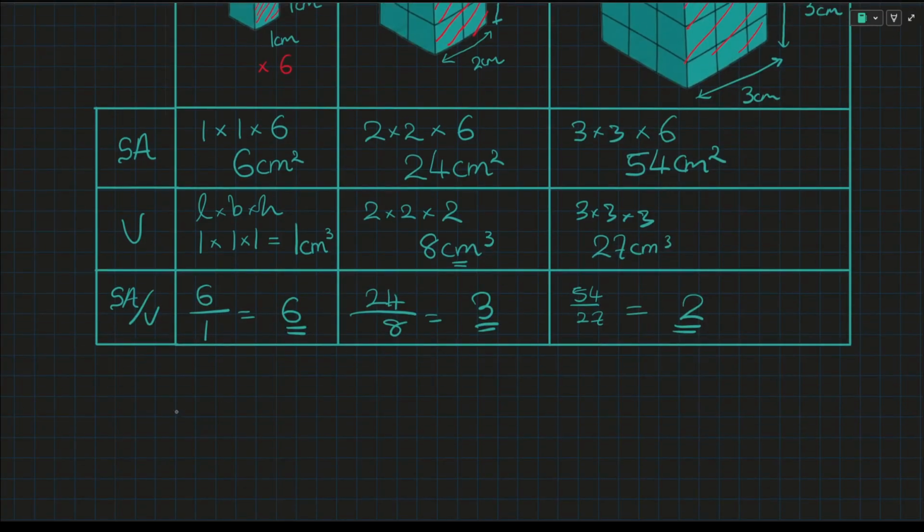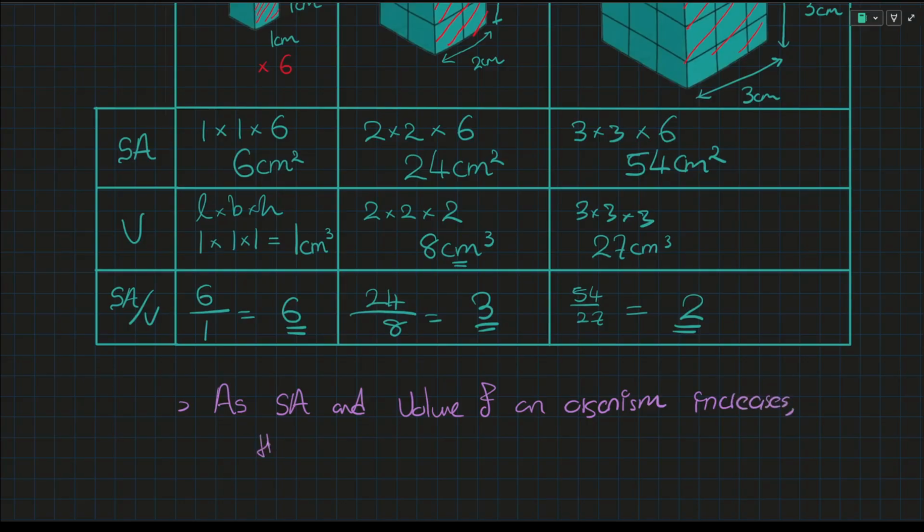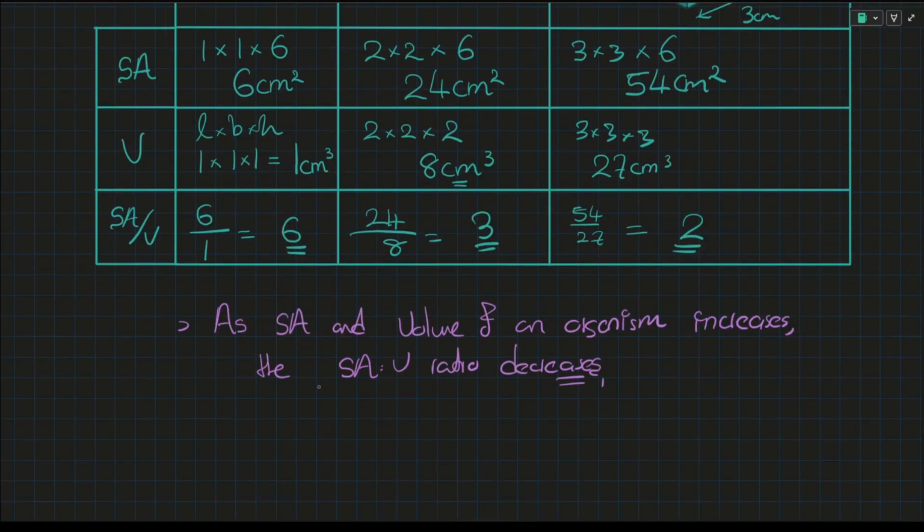How would we summarize this? Now, as surface area and volume of an organism increases, the surface area to volume ratio clearly decreases. What is the reason for this? Now, if both of those variables are increasing, shouldn't the surface area to volume ratio also increase?